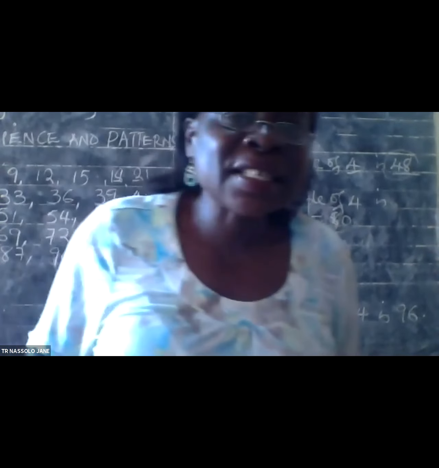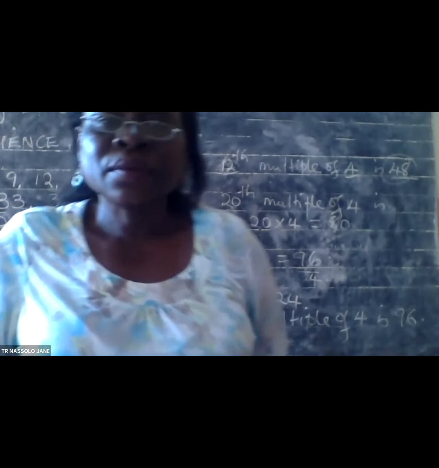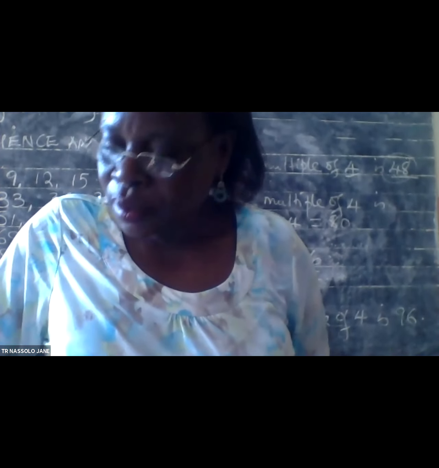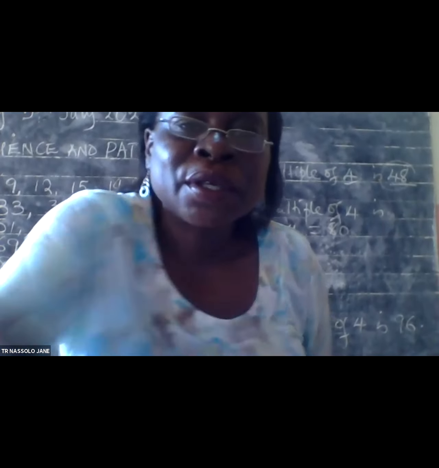Are we together? I still see some hands. Agaba Franklin. Teacher, I forgot my hand up. I just wanted to answer the question. Okay, thank you. Nakawoya, can you unmute? Nakawoya, your hand is up.